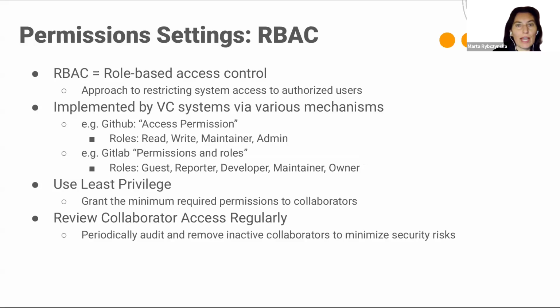On GitHub it's called access permissions, on GitLab permissions and roles. They are a little bit different settings in all of them. In all cases, you can, on a repository, configure those permissions in different ways.